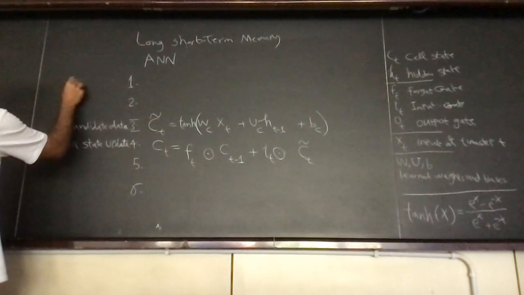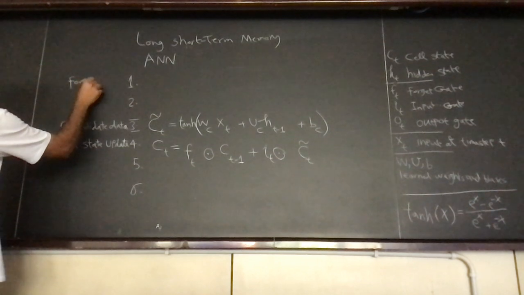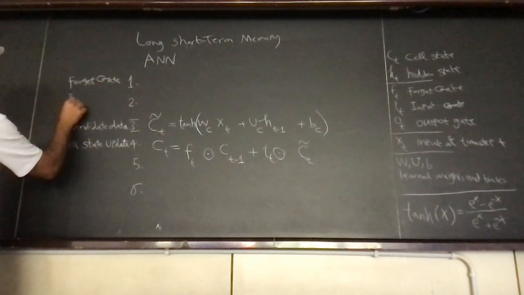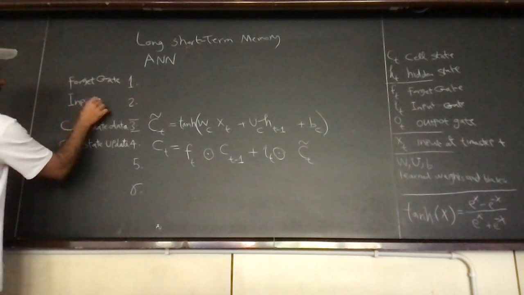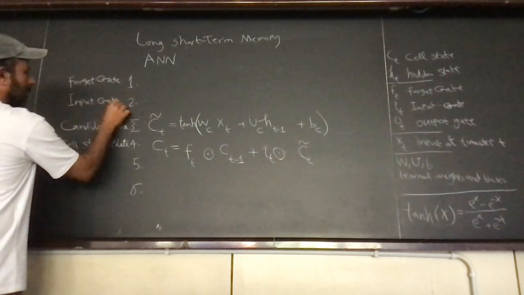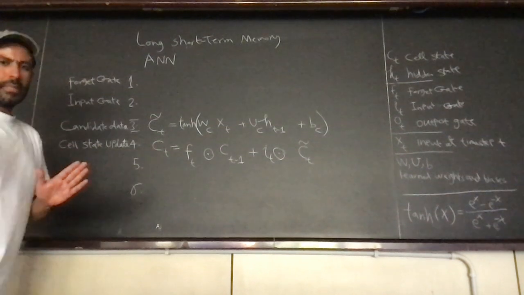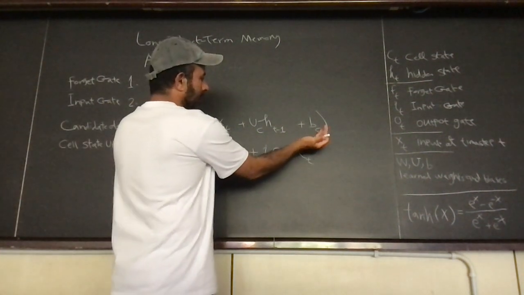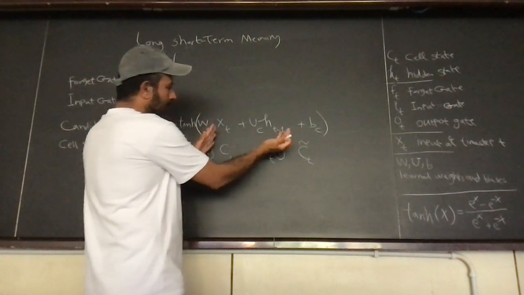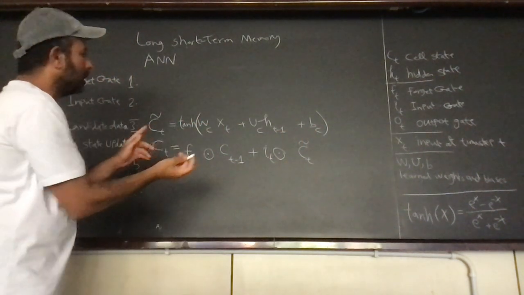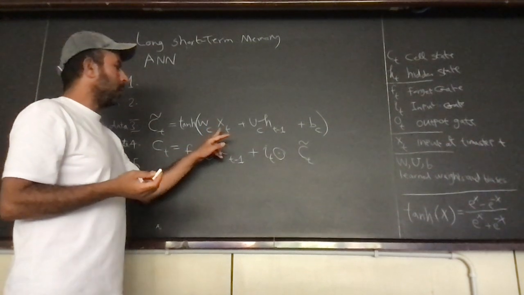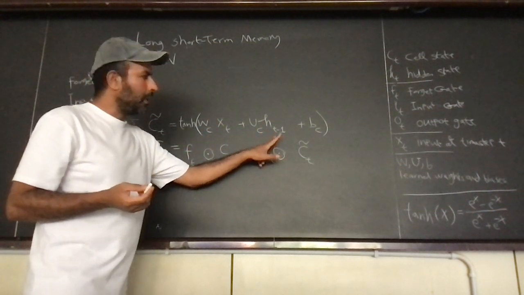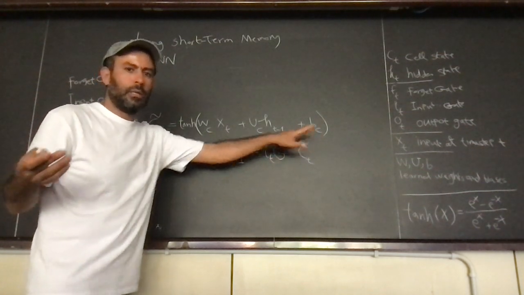Forget gate and input gate. It's very simple. We can just imagine it as the same mathematical symbol here of linear combination. We need the weighted inputs and the weighted hidden state and also the bias.